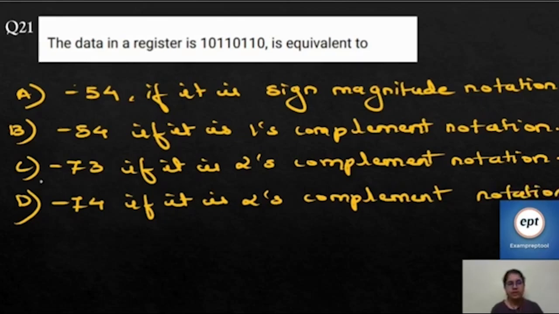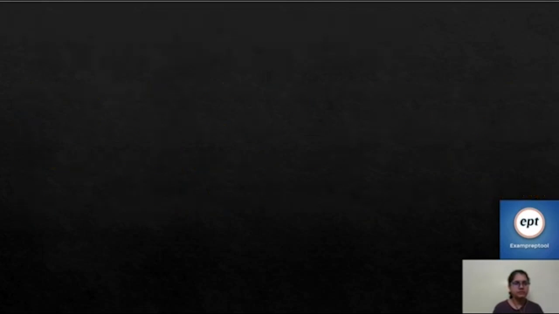So we have to verify which is the correct one. Okay, so let's see the solution for this. So we should see the solution on the next page because we will have so much space there. So let's write the data which is given to us.